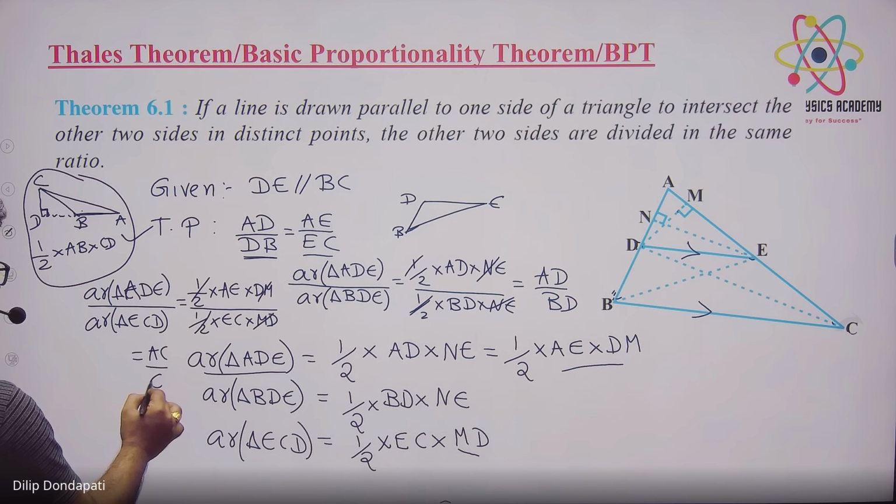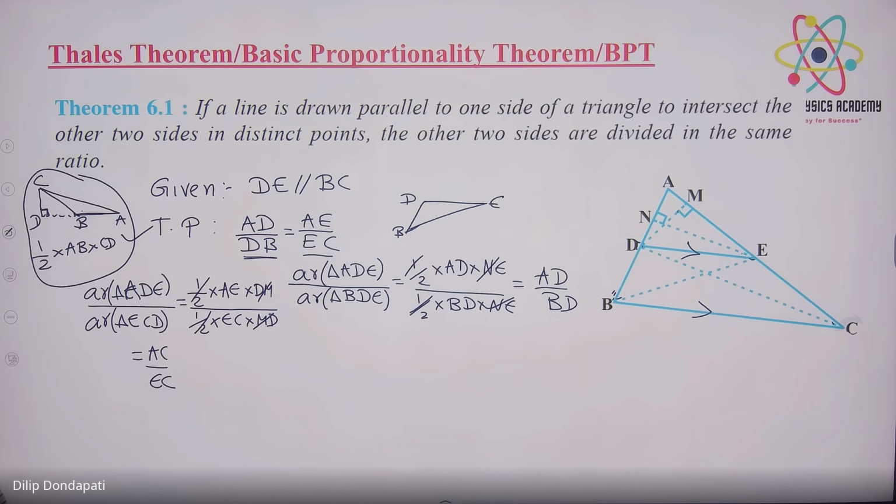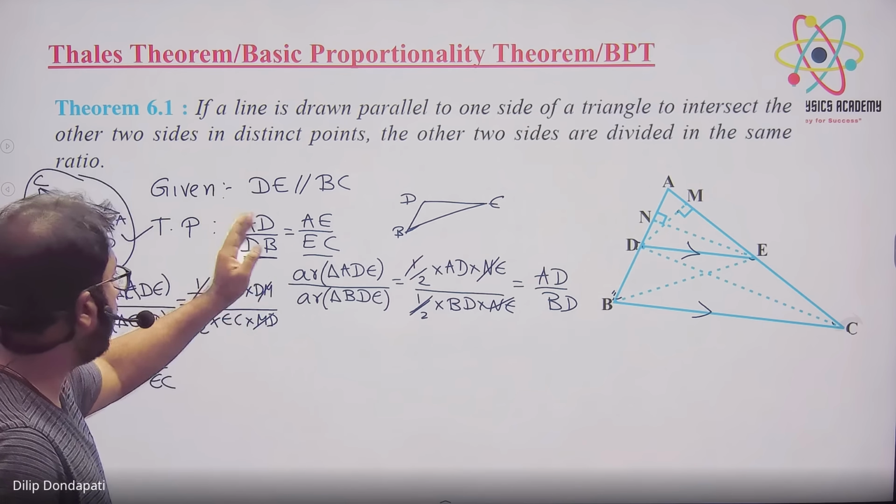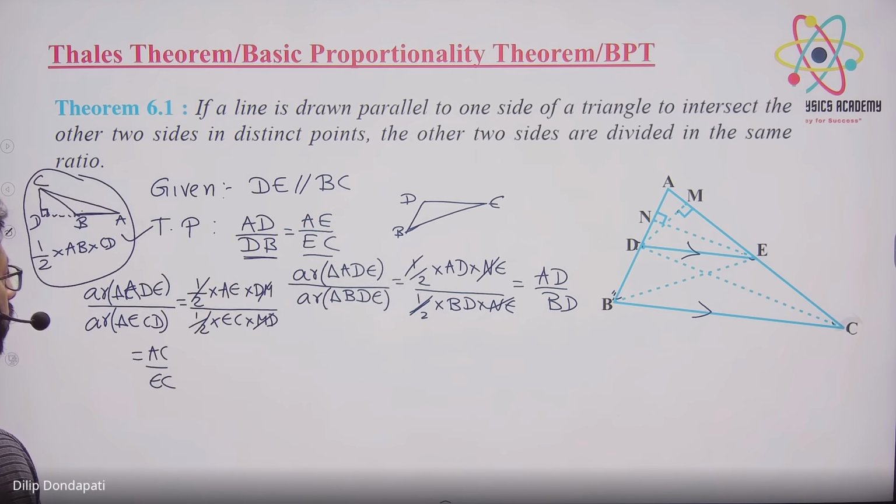Till you understood? I'm erasing this one. So you got left hand side and right hand side separate. Okay, but if you finally write like this, area of triangle ADE by area of triangle BDE, how much you got?